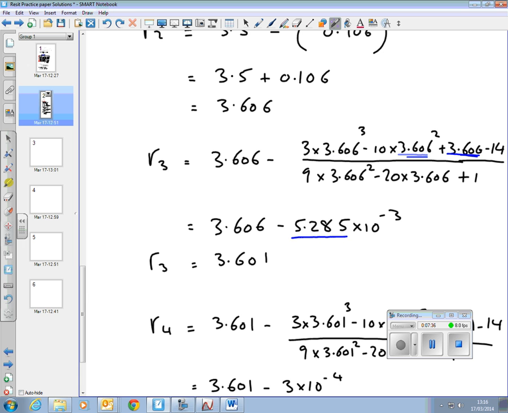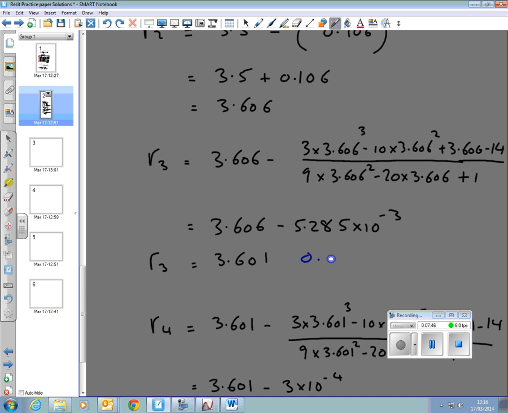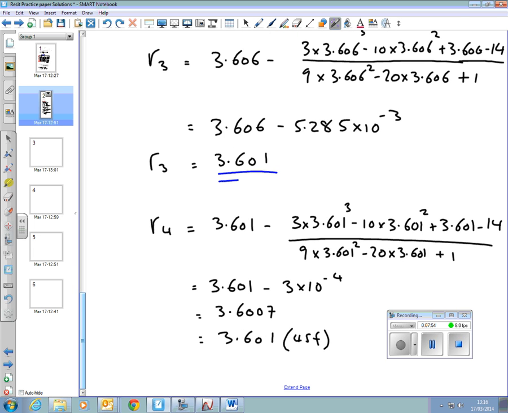That gives me a smaller difference, 5.285 times 10 to the minus 3, in other words 3.601. That actually is correct to 3 significant figures.